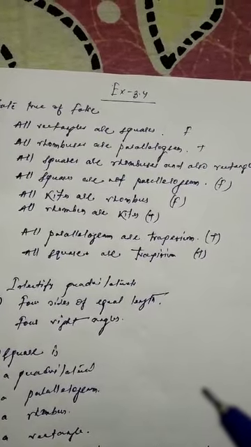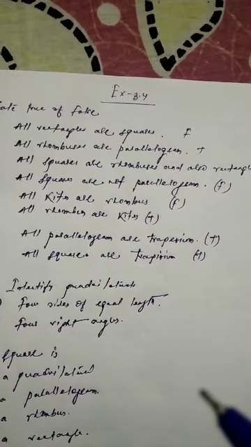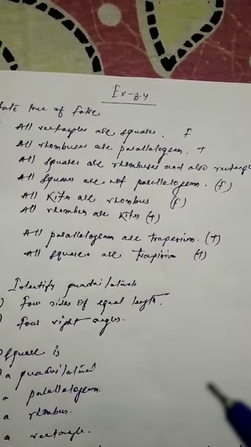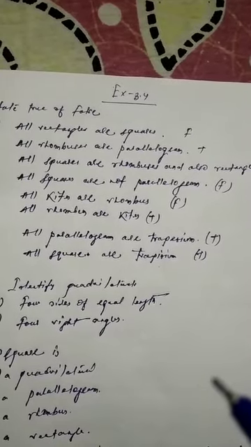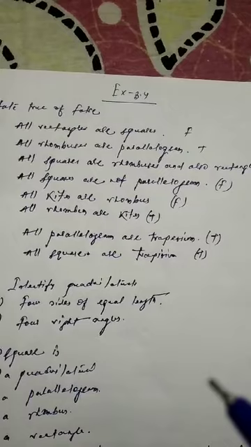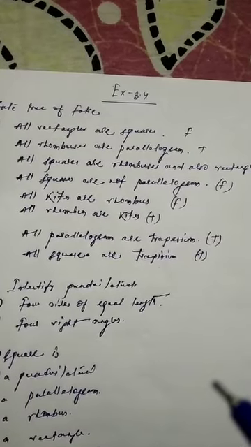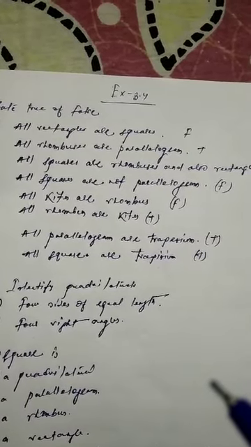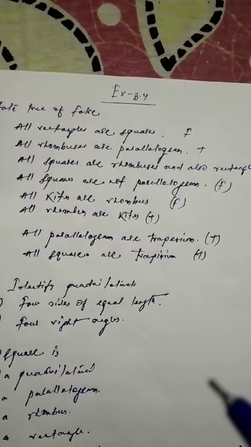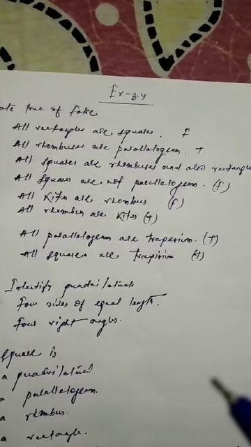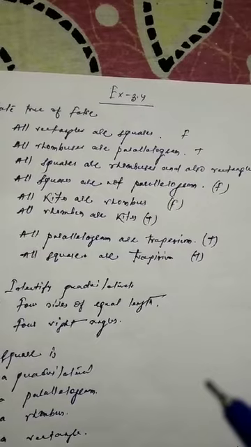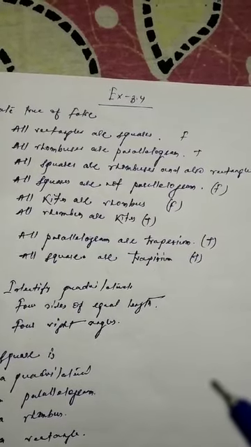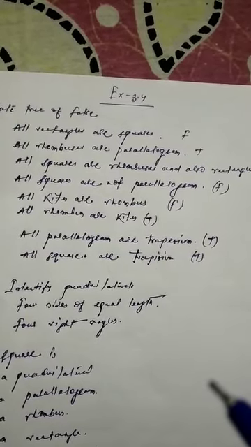Every square is a parallelogram, because every property of a parallelogram matches with a square. But we have to understand that every parallelogram is not a square, because parallelograms include many figures like the rhombus and the rectangle, and rectangles are not squares. So we have to understand the difference between a parallelogram and a square. Every property of a square matches with a parallelogram.